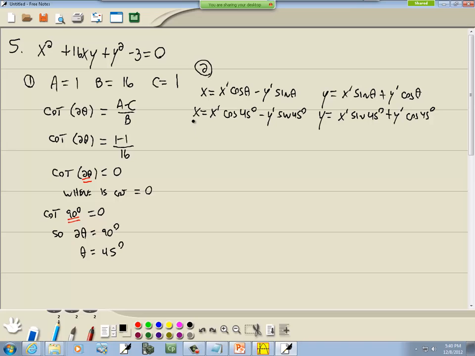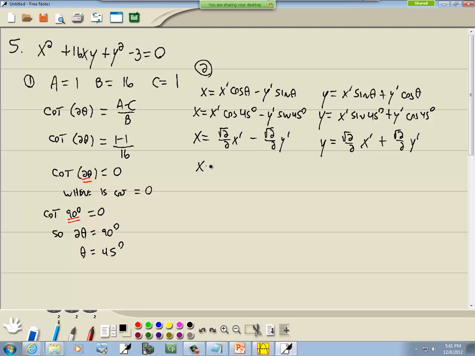Well, sine 45 degrees and cosine 45 degrees are both square root of 2 over 2 on our unit circle. So we're going to have x is equal to square root of 2 over 2 x prime minus square root of 2 over 2 y prime. And y is equal to square root of 2 over 2 x prime plus square root of 2 over 2 y prime.